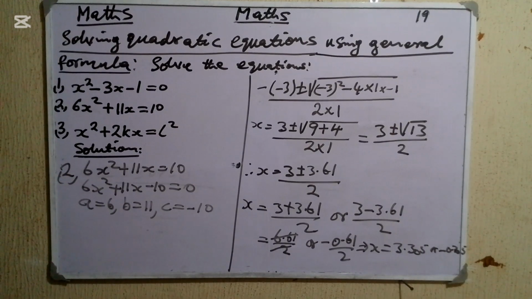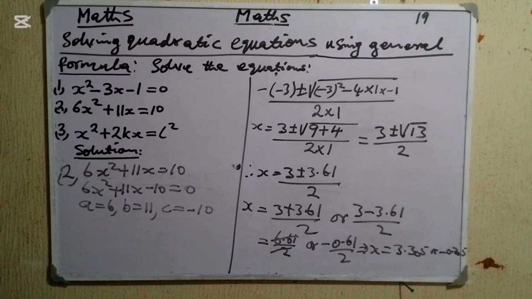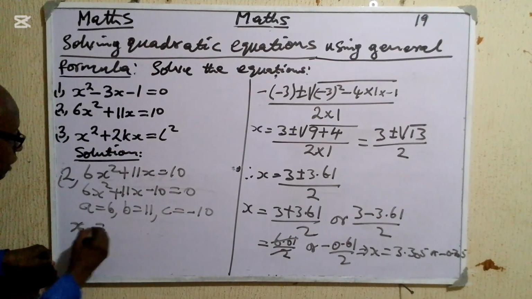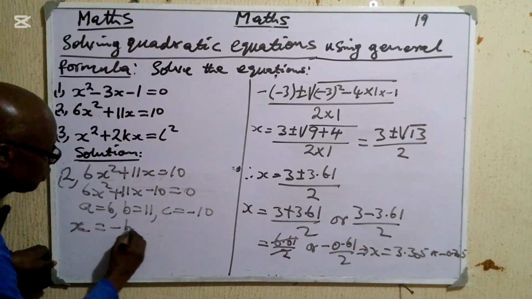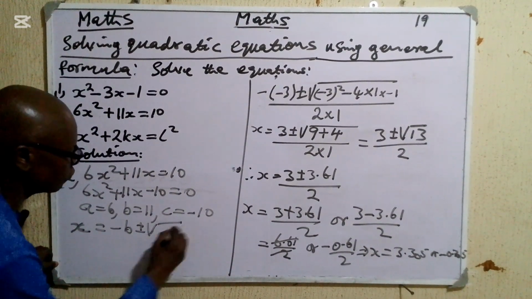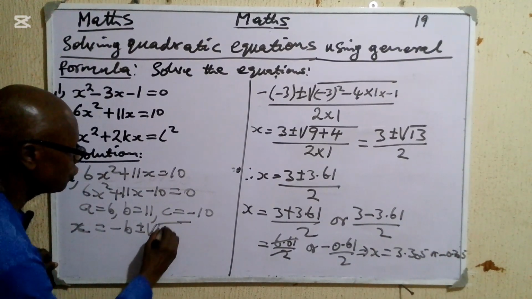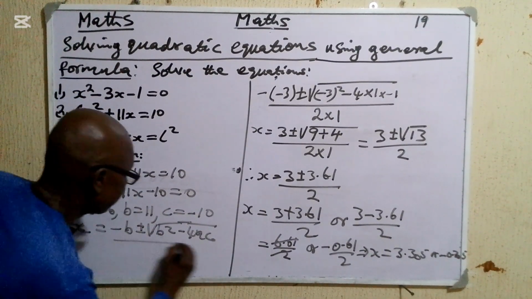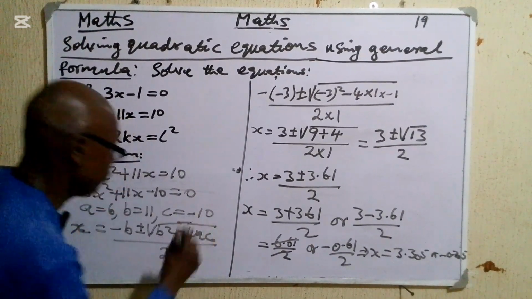As usual, we substitute in our general formula so that x is the same thing as minus b plus or minus square root of b squared minus 4ac, everything over 2a.